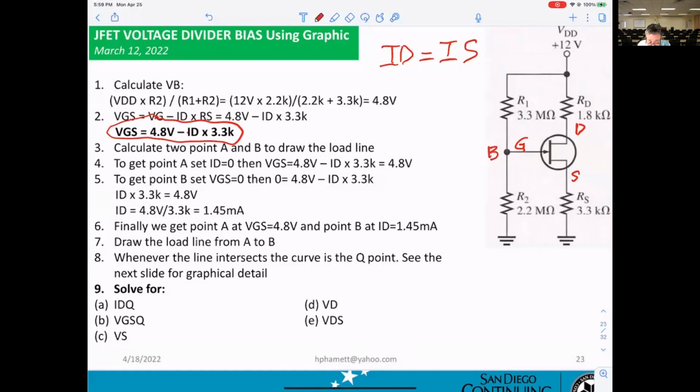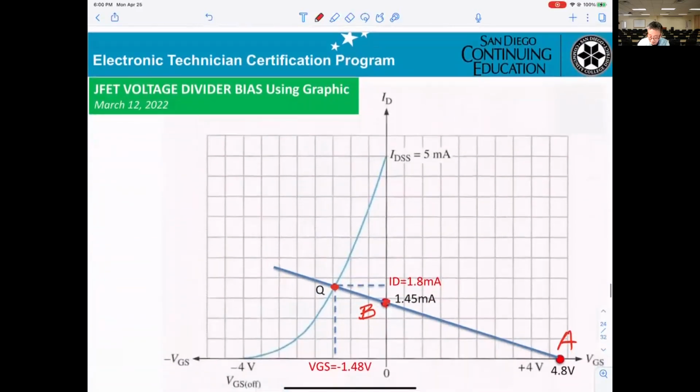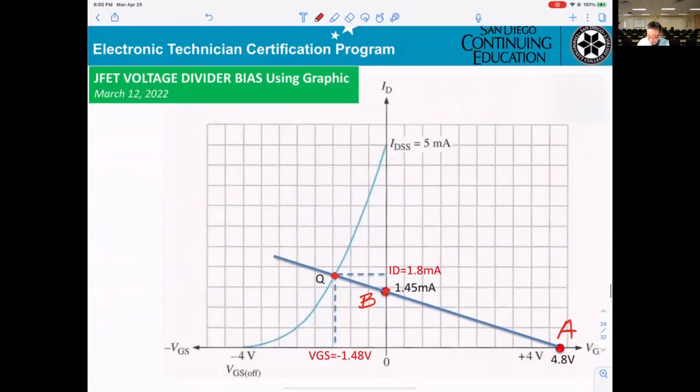Minus ID times 3.3. However, ID equals 0. So you get 4.8 volt. That's what you get right here.